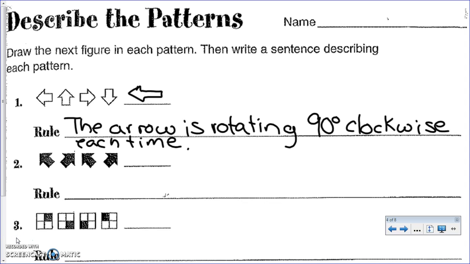For number 2, we have the arrow pointing to the left, arrow pointing to the right, arrow pointing to the left, arrow pointing to the right. So we're going to draw in an arrow pointing to the left.